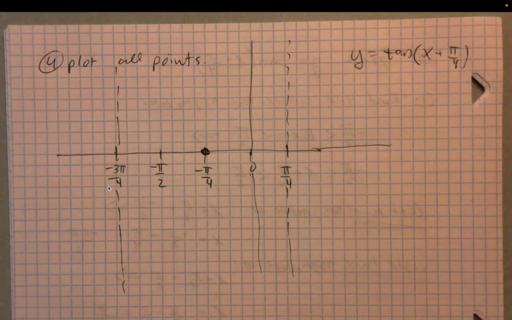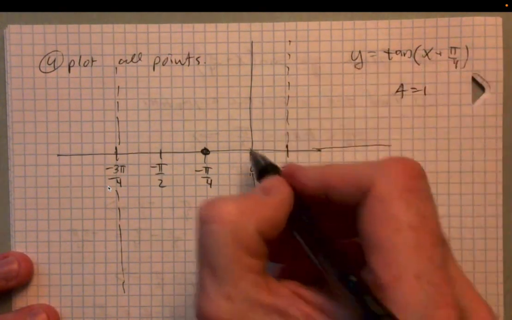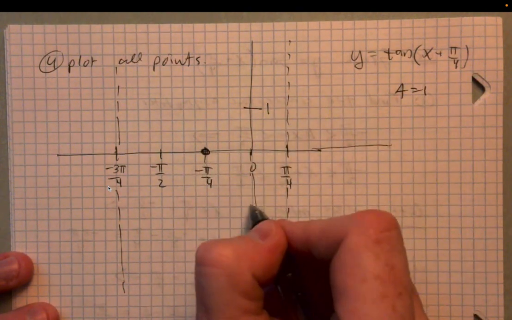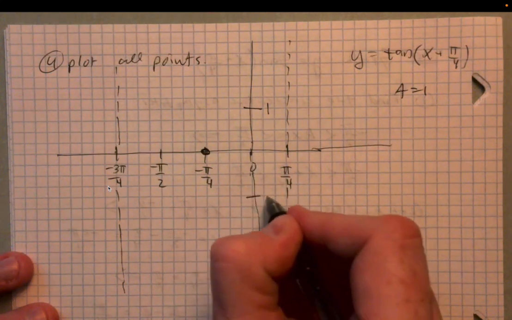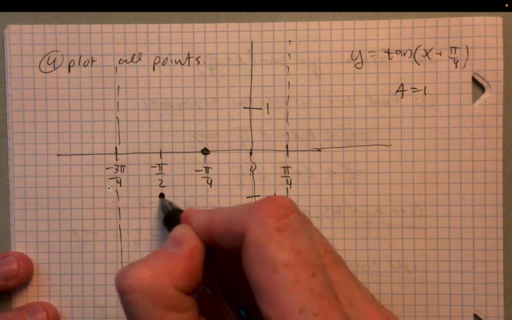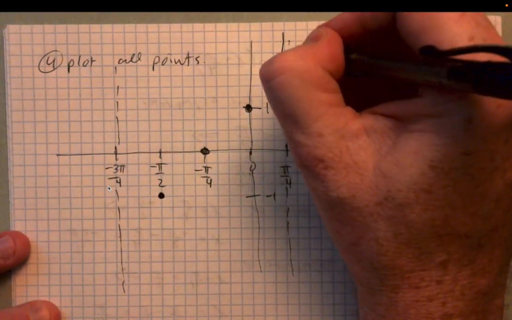And so our value of a is 1. And so we just note that on the, maybe we'll call this 1, and we'll call this negative 1. And so the graph is going to go through right here, and it's going to go through right there. So it looks a bit like this.